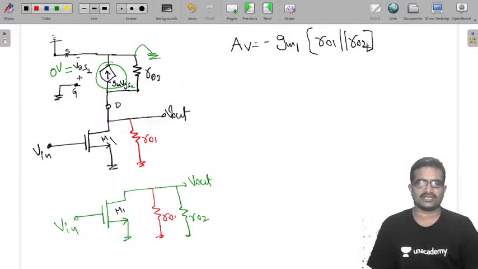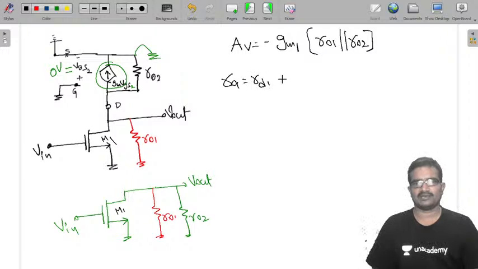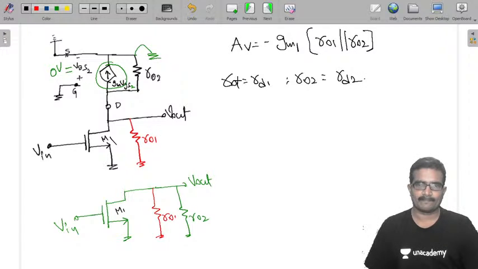R01 and R02 are the output impedances of MOS devices M1 and M2, or equal to RD1 and RD2. Here R01 is equal to RD1 and R02 is equal to RD2. Now that is the voltage gain.